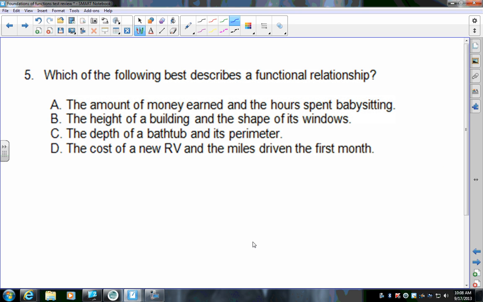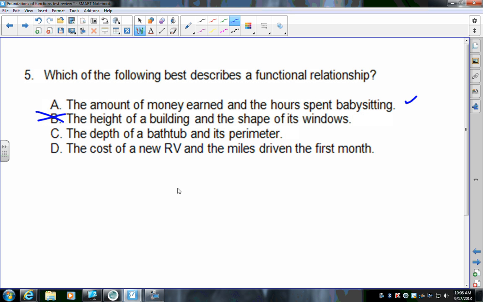Number 5, it says, which of the following best describes a functional relationship? The amount of money earned and the hours spent babysitting. That sounds pretty good. The height of a building and the shape of the windows. The windows don't have anything to do with it.